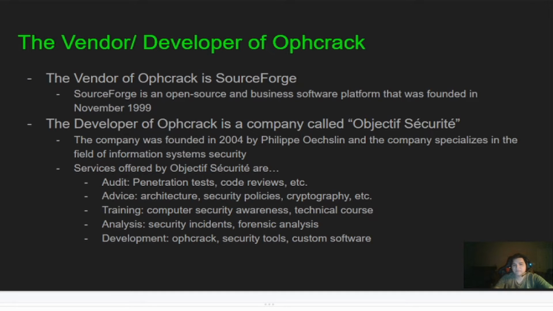The services offered by Objective Security are audit, which is penetration tests, code reviews, etc., advice based on the architecture, infrastructure, security policies, cryptography, other things, training, computer security awareness, technical courses, analysis, security incidents, forensics analysis, which is why Ophcrack is a good tool, and then development of security tools and custom hardware. So Ophcrack is still in development today.